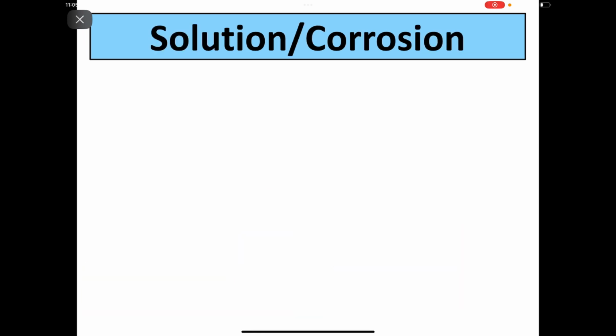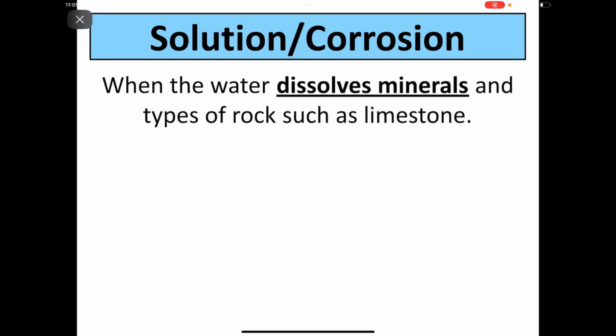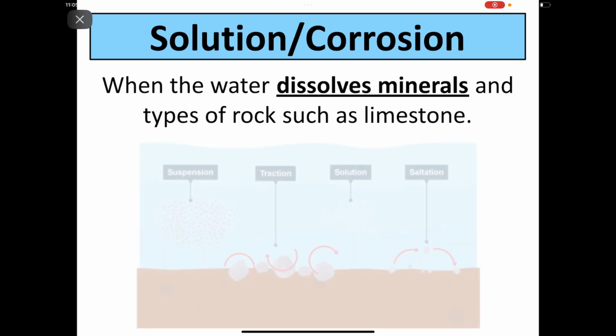And then this final one, solution, can also be called corrosion, so be careful, because the exam board could say define corrosion and it just means the same thing as solution. As I said, this one is the exact same for both erosion and transportation. This is when the water is dissolving the minerals. You don't have to learn the different minerals, at least for the WJEC, but it's useful to know, for example, rocks such as limestone, because that is quite a soft rock.